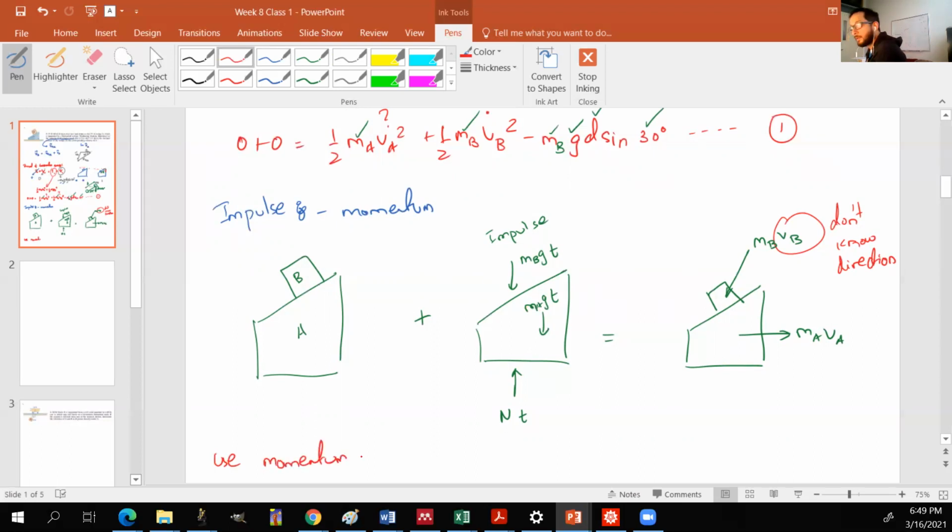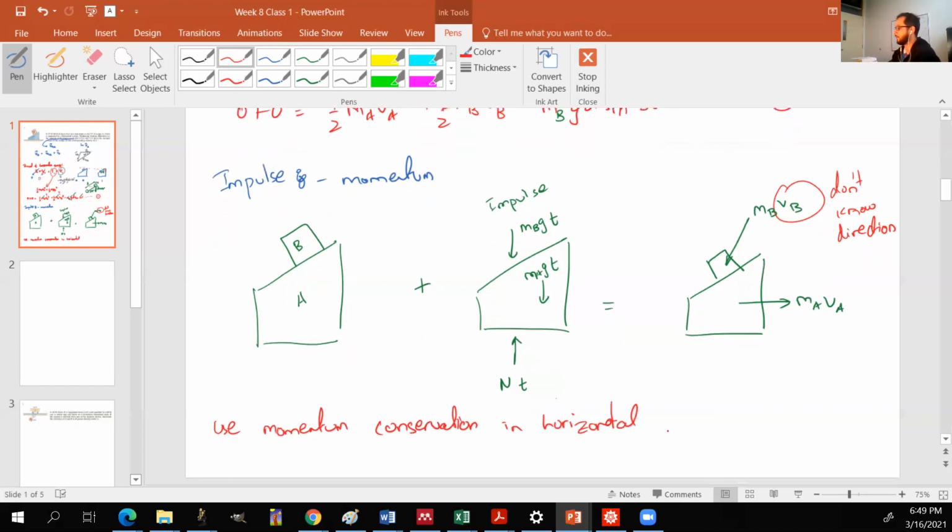Otherwise, I have to worry about all of these vertical forces on the system. So in order to do that, I need to know the direction of VB so I can find out its horizontal component. But I don't know the direction. I can treat it as an unknown, and that might help out, but there is a quicker way to do it.